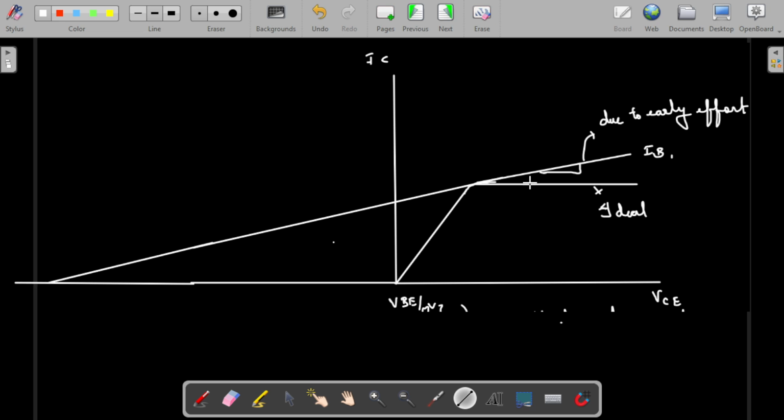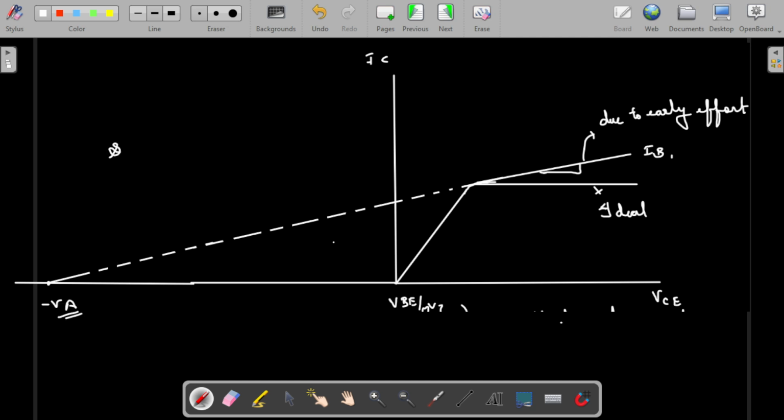The slope will reach a point. If you extend the slope of the graph, it will meet at a particular point, and that is the minus VA. This is the point that we need to take into account for the early effect.